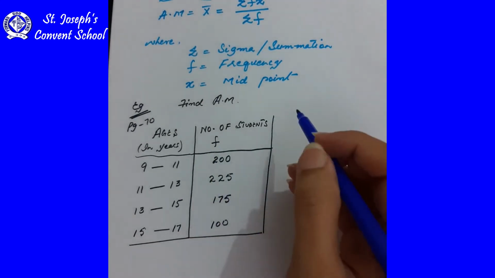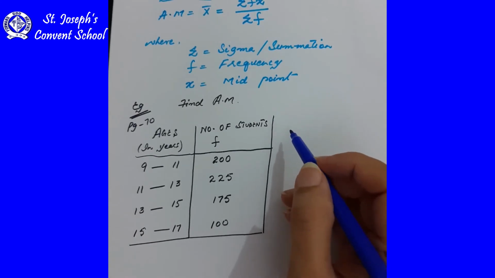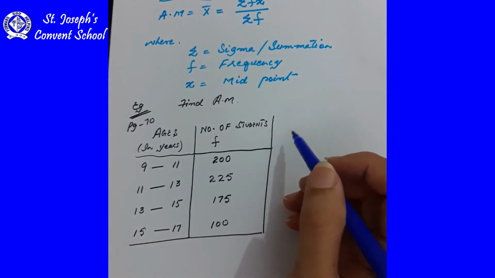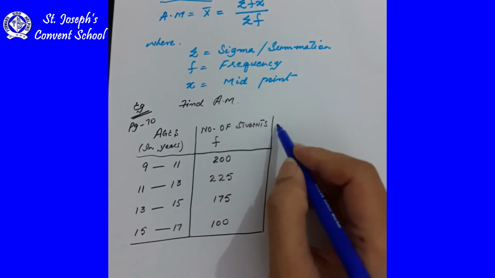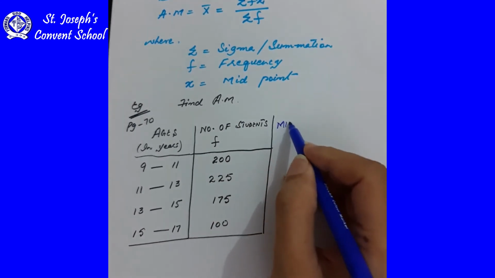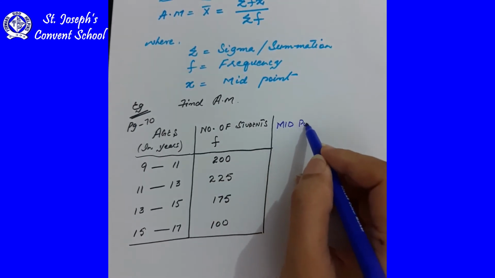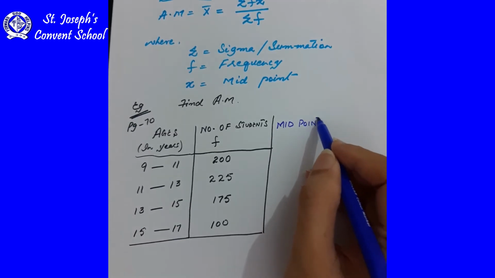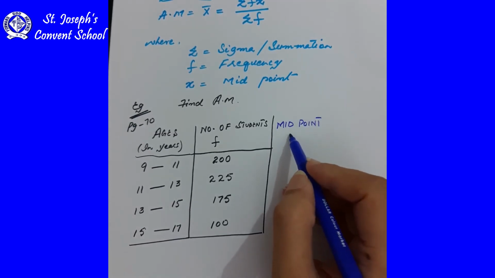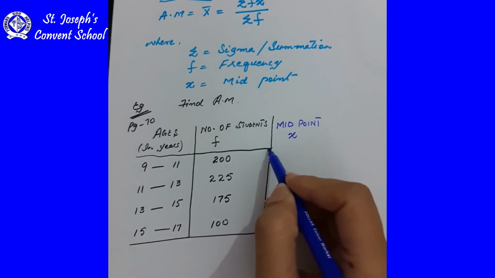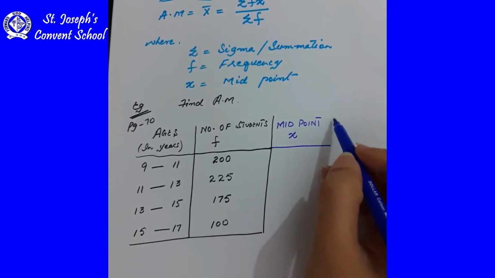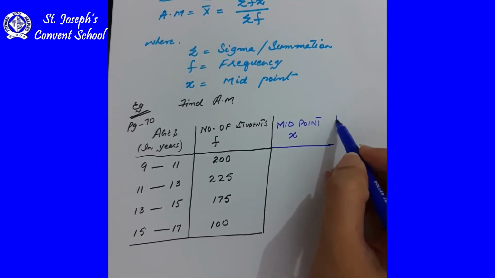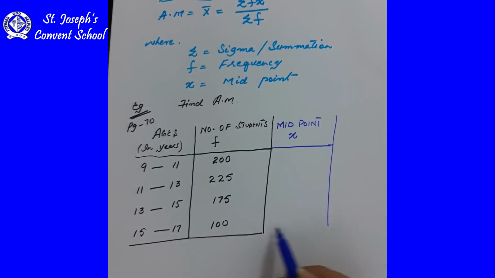You will make one more column, the next column, that is the midpoint column. This column is known as X. This is not given in the question, so in the solution you will make this column.